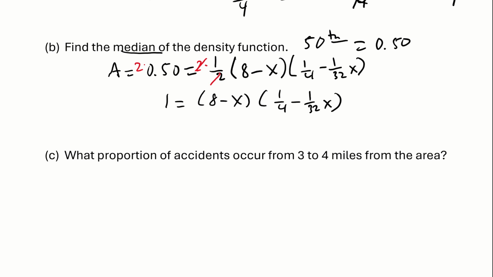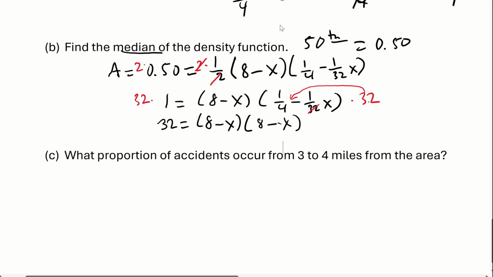The next thing I'm going to do is get rid of this fraction by multiplying both sides by 32, and that cancels it, but I still have to distribute it. 32 divided by 4 is 8, so this turns into 8. On the left side, we got 32. So 32 equals 8 minus x times, and 32 times 1/4 is 8, and we got minus x.